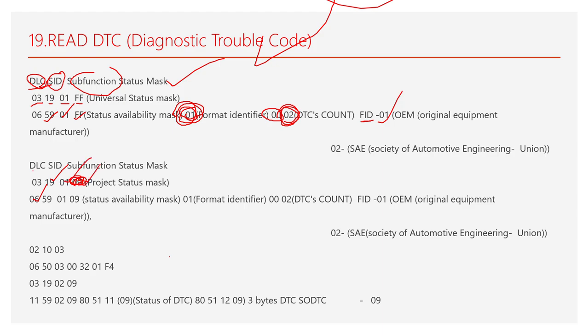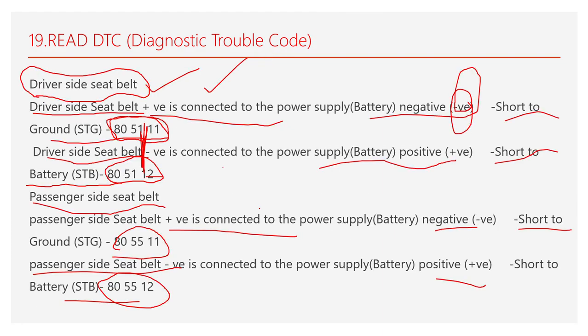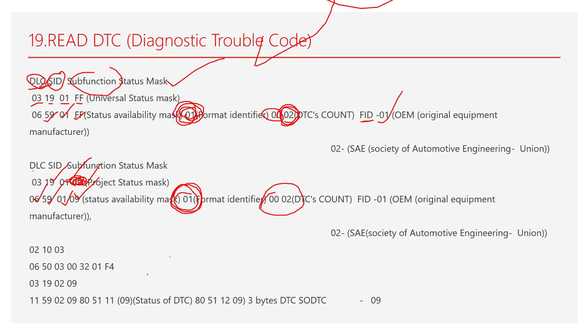This is the project identifier 09. What is the output? Positive output 59. For the subfunction status availability, the status of the project is 09. And what format identifier do I get? The format identifier is 1, and the count is 2, short to ground and short to battery. In the same way, we can get the two DTCs.